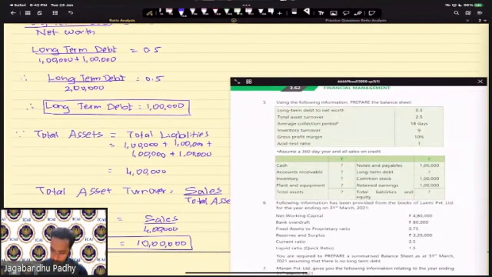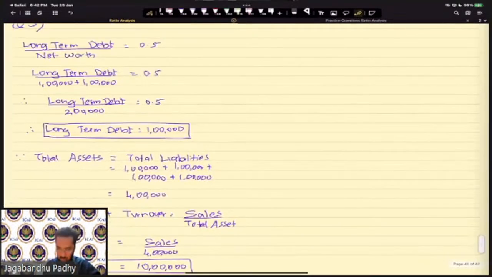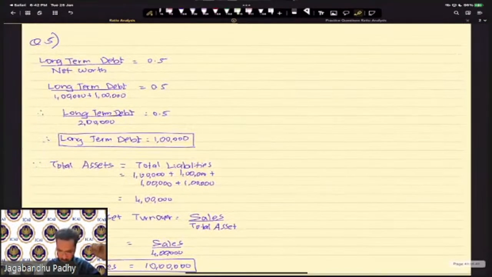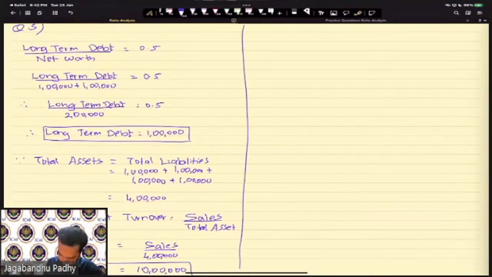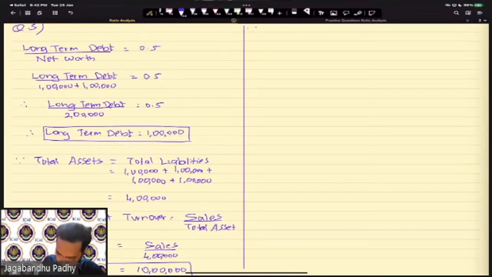Then based on that sales figure, we are going to work out the average collection period. Average collection period is 18 days. How do we compute this average collection period?